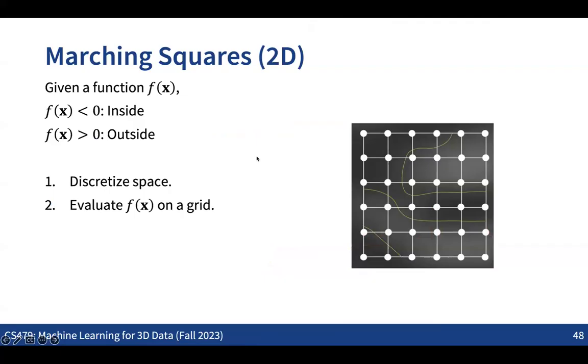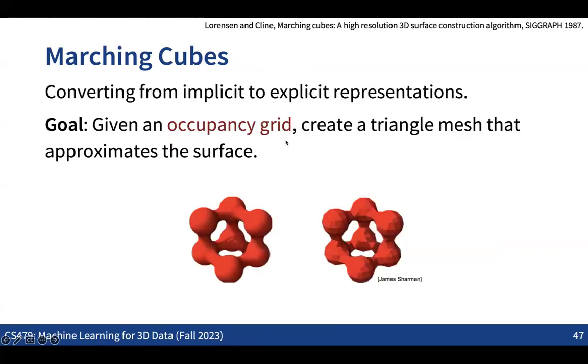In the 2D case, this technique is called marching squares. Marching is basically moving forward with the squares in the 2D space. And this technique is called marching cubes in the 3D space because now we are marching with the cubes, the voxels, in the 3D space, right?